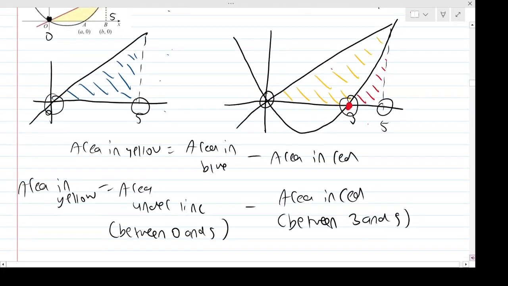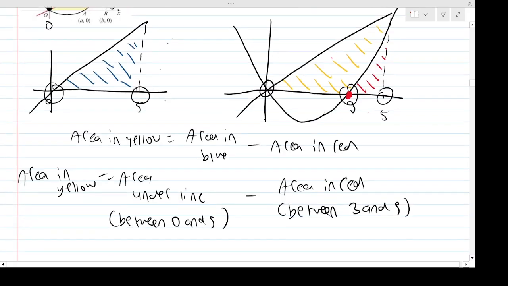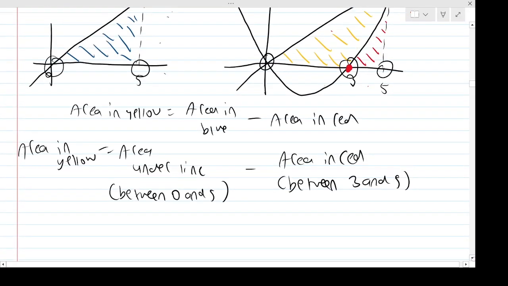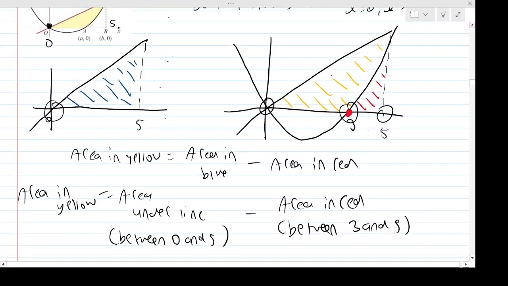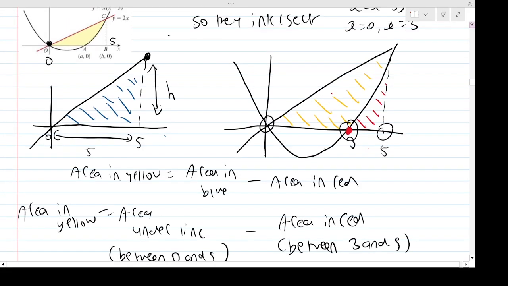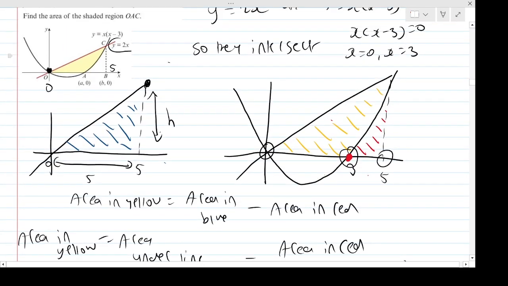Key detail. So now we're at the point where we can compute the two areas. First, the area in blue, the area under the line. We've got a triangle. Between 0 and 5, the base would be 5, but what about the height up here? The equation of the line is y equals 2x. If x is 5, y is 2 times 5, which is 10.